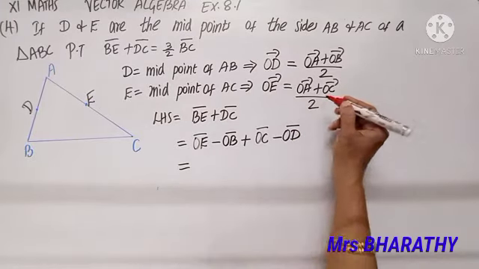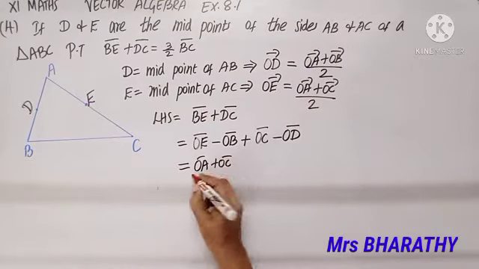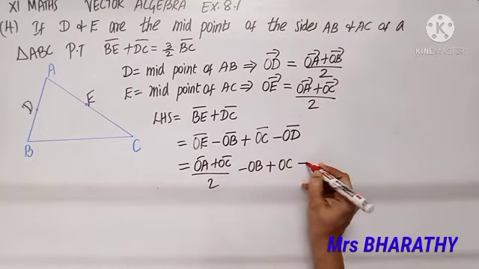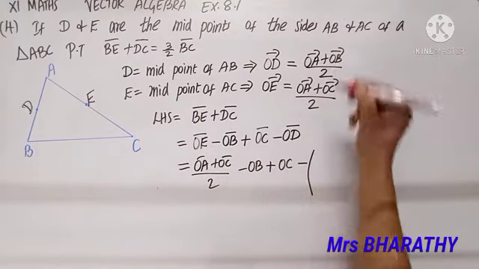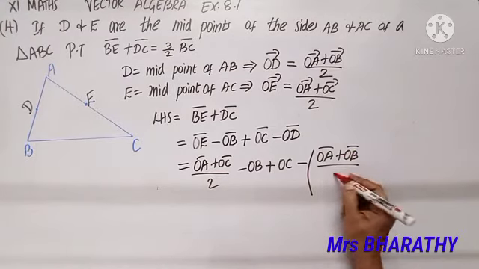What is OE from here? I have OA plus OC by 2, minus OB, plus OC, minus OD. What is OD from here? It is OA plus OB by 2.